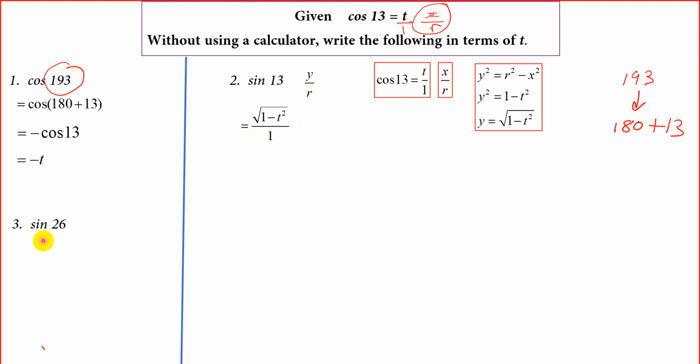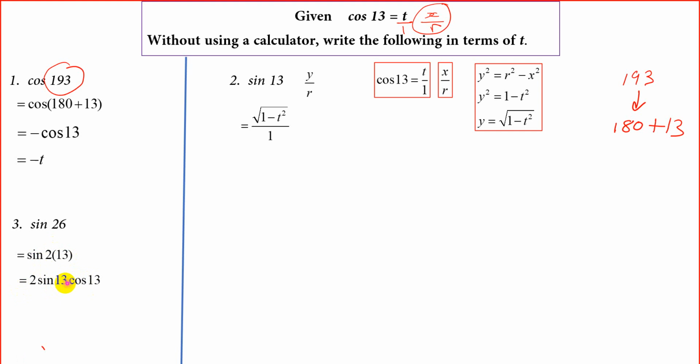We're going to go to another question, sine 26. How can we rewrite 26 in terms of 13? I'm sure you know that 2 times 13 is 26, so 26 can be written as 2 times 13. Now this creates a double angle, and we're going to use the double angle formula. Sine 2 theta is equal to 2 sine theta cos theta, and in this case theta is 13.